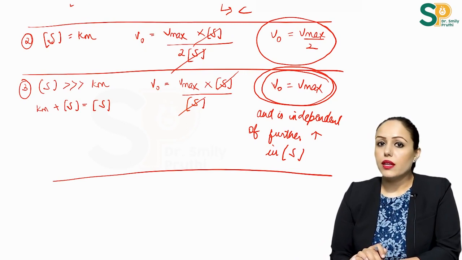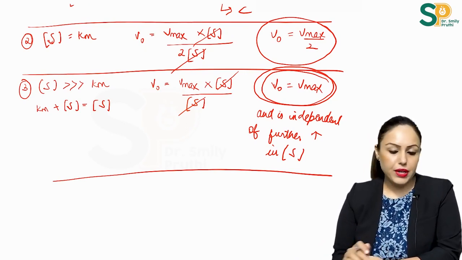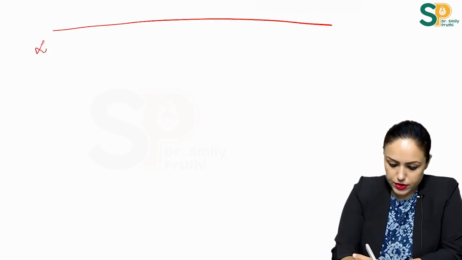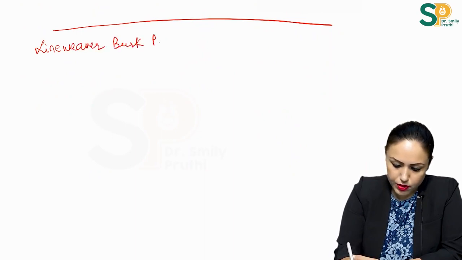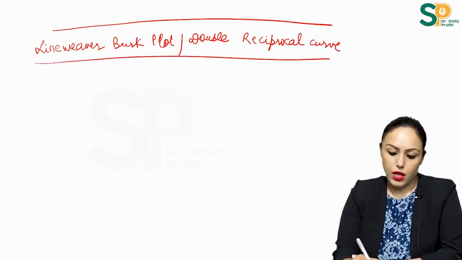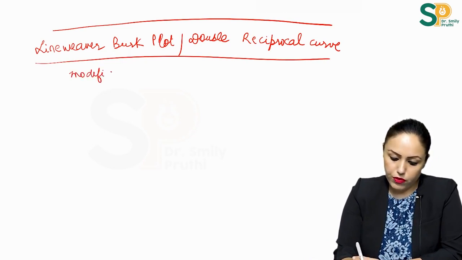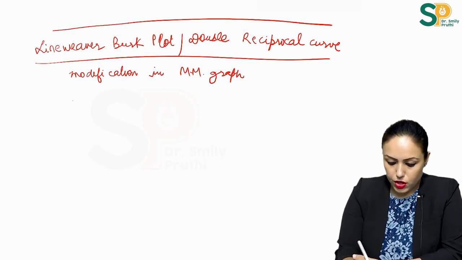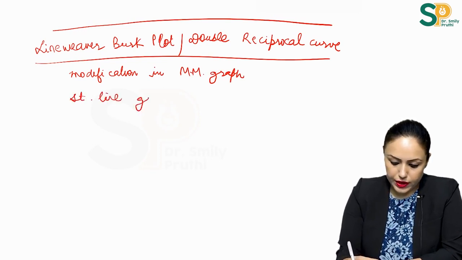Okay, now there is a modification of the Michaelis-Menten graph known as the Lineweaver-Burke plot, or double reciprocal curve. So let's see that. This is a modification in the Michaelis-Menten graph to make it a straight line graph.